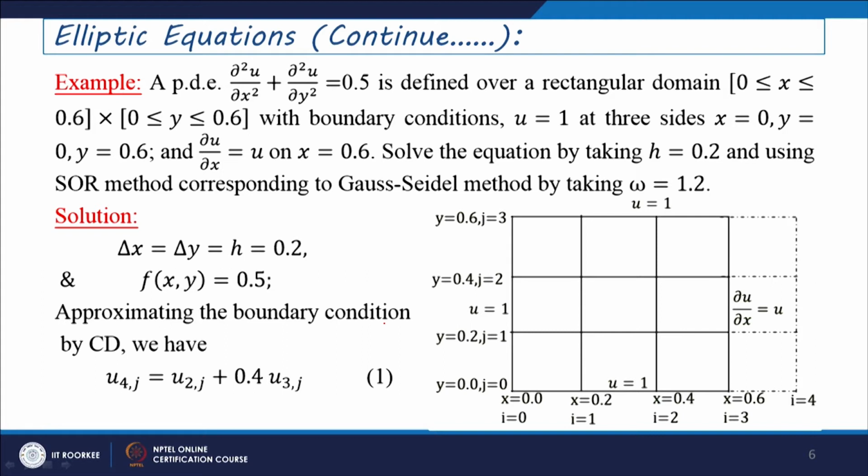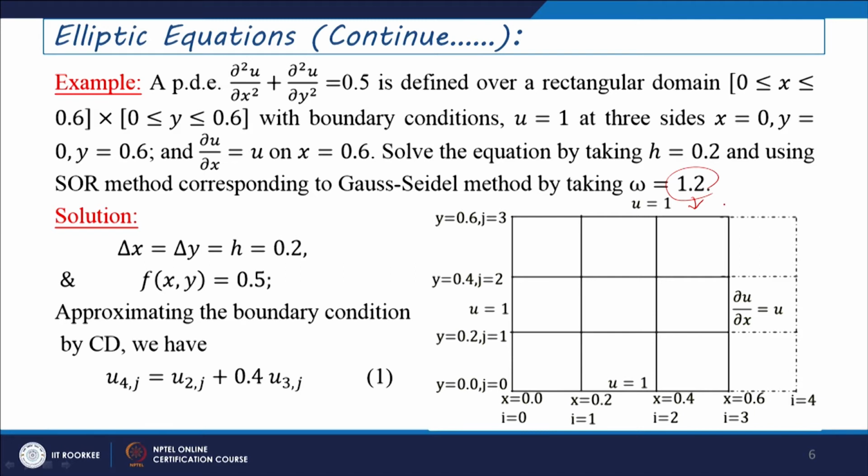The example is del square u by del x square plus del square u by del y square equals 0.5, defined over a rectangular domain, x lying between 0 and 0.6 and y lying between 0 and 0.6, with boundary conditions u equals 1 on three sides, that is x equals 0, y equals 0 and y equals 0.6, and del u by del x equals u on x equals 0.6, considering h equals 0.2, and specifically we will use the SOR method. That is why we need a relaxation parameter, which is provided as an over relaxation parameter given as 1.2.